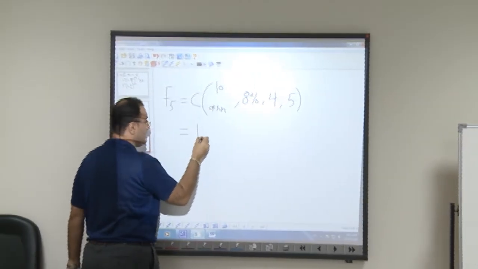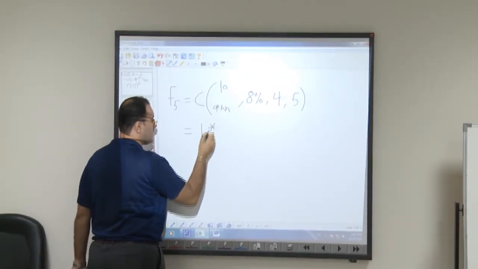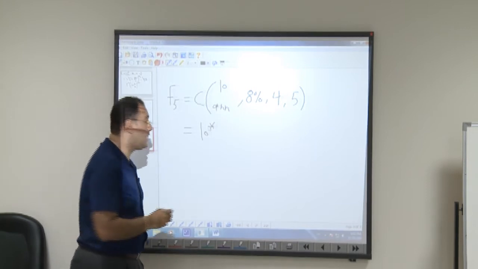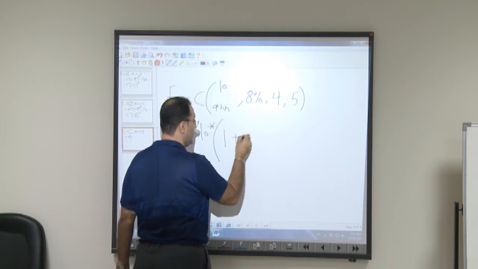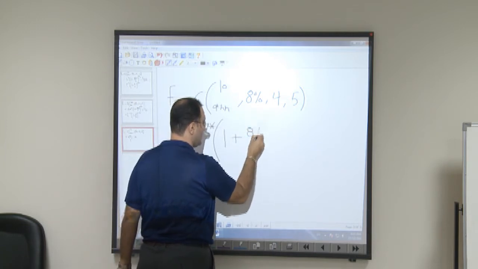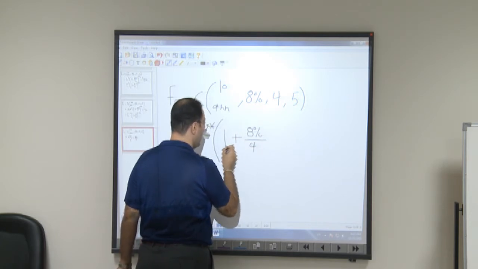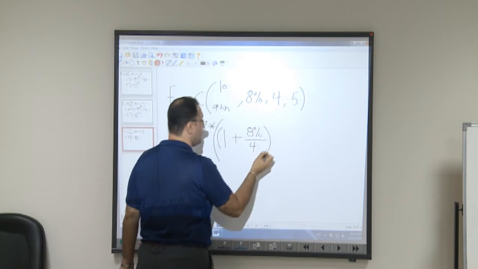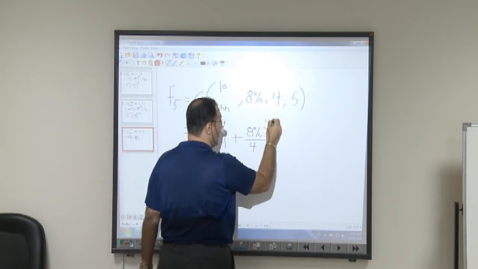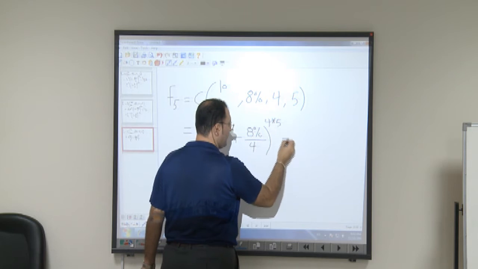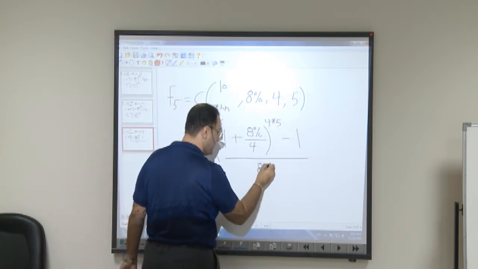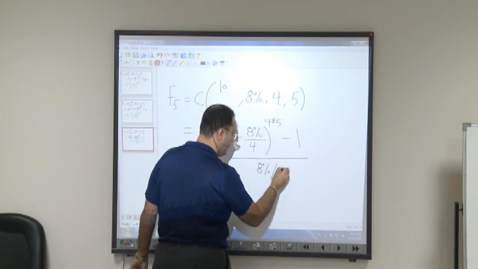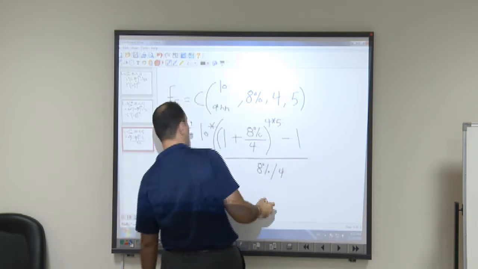This is going to be 10 times, 1 plus 8% divided by 4, to the power of 4 times 5, minus 1, over 8% divided by 4. Good. Bravo. And this is going to be how much?